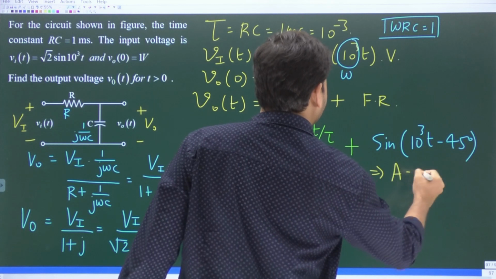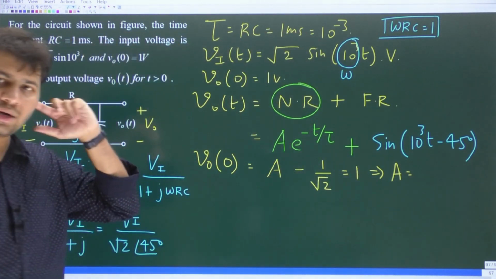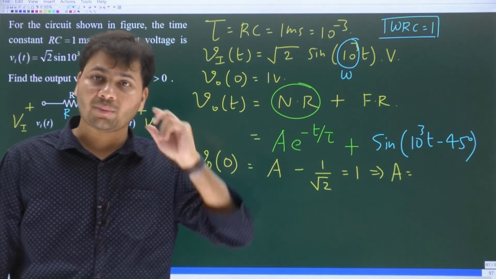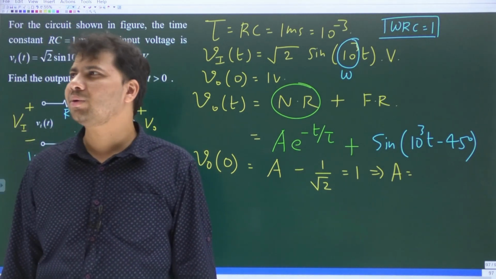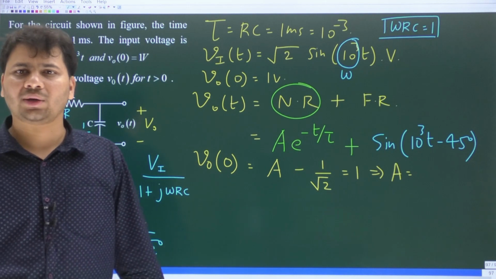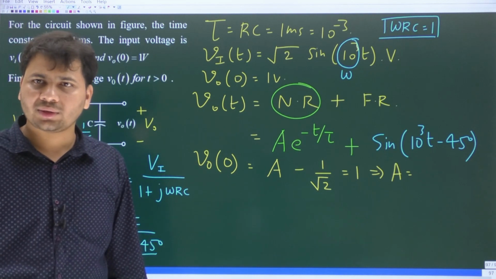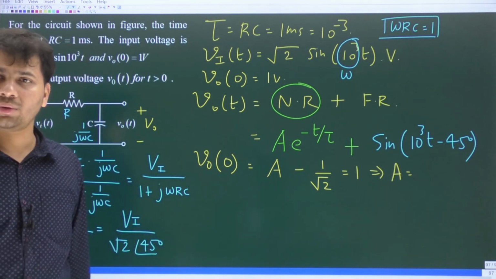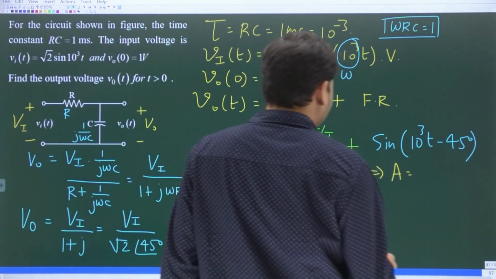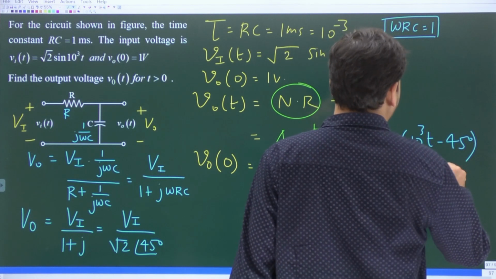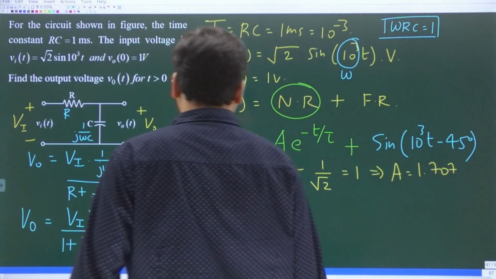So from here, A is 1 plus 1 by root 2. What is 1 by root 2? 0.707. So 1 plus 0.707 must be 1.707. That's all.